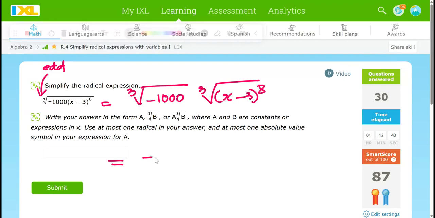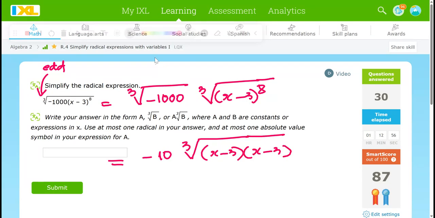The front part comes out at negative 10. The second part, this is power 8, so I'm going to break it down into power 6 and then power 2.